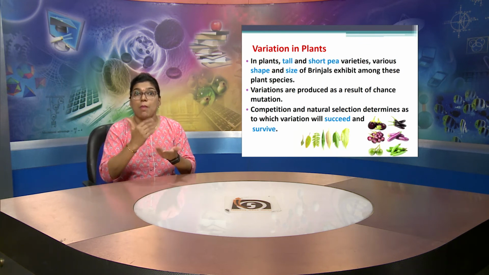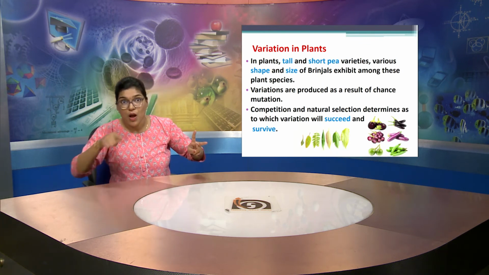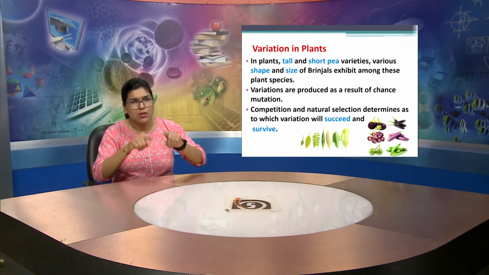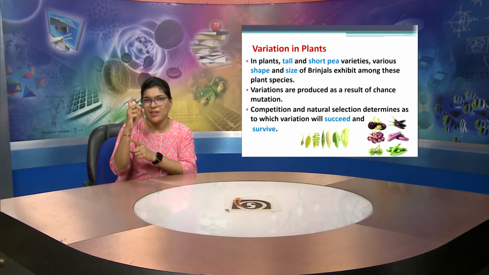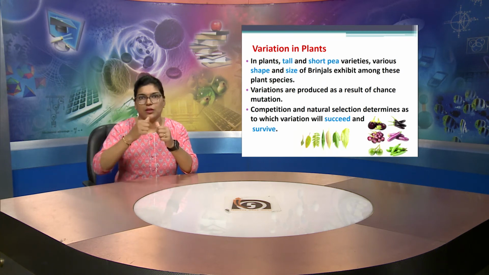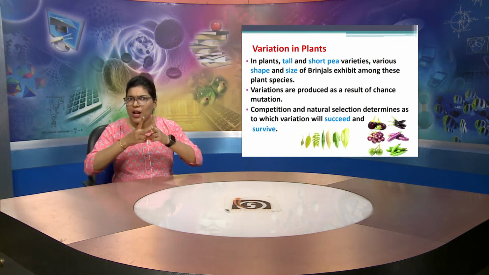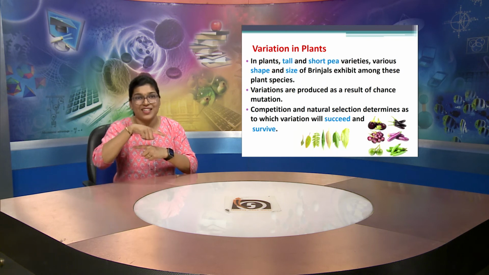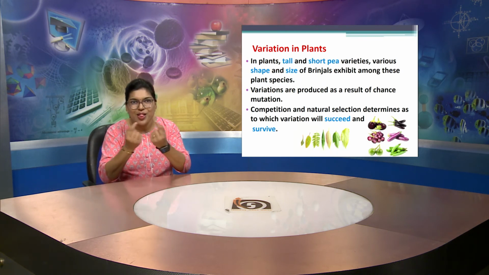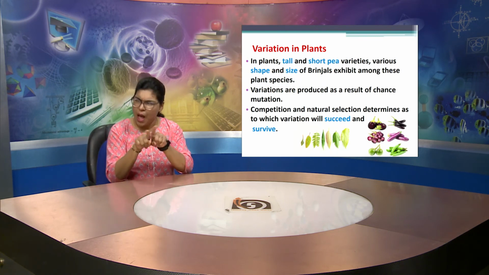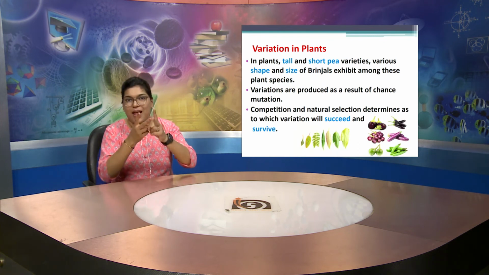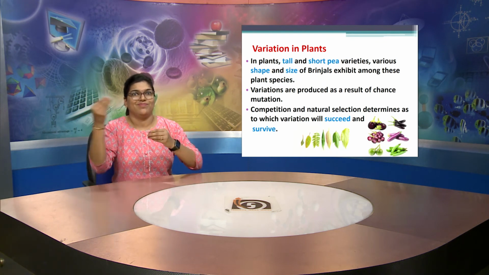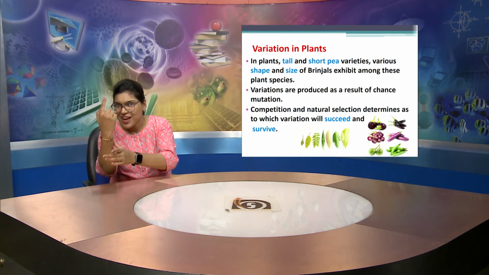And here it is the variation in plants. In plants, tall and short pea varieties, and various shapes and sizes of brinjals exhibit variation among these plant species. You must have seen different kinds of brinjals, different shapes and sizes. All these variations are produced as a result of chance mutation.